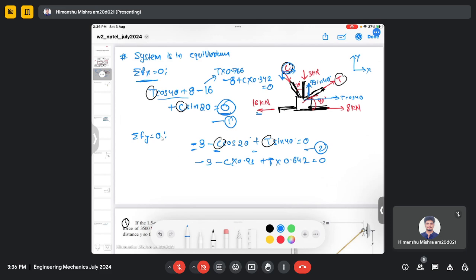So I can write T as 3 plus 0.93 C divided by 0.642. So this is my T. I can substitute T in equation 1.